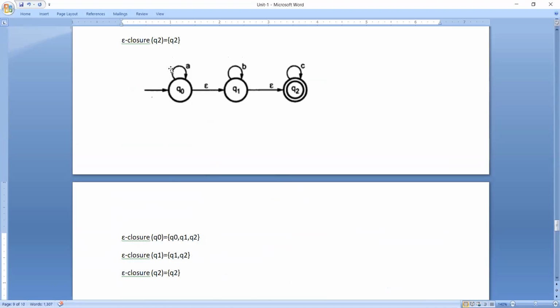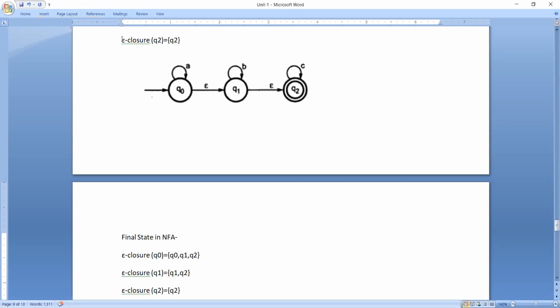Now, in our NFA epsilon, what is the final state? The final state in our NFA epsilon is Q2. Let me write that. So, final state in NFA epsilon.